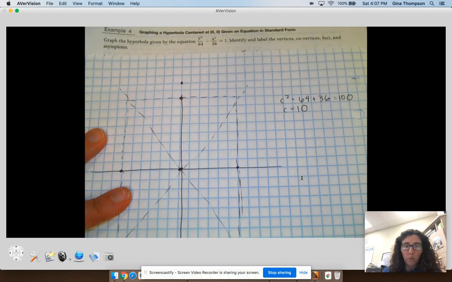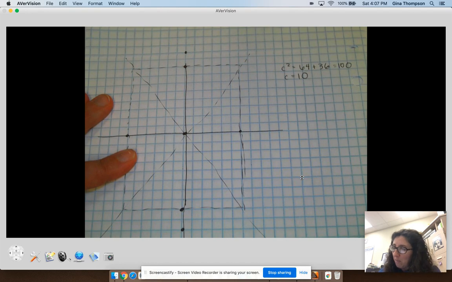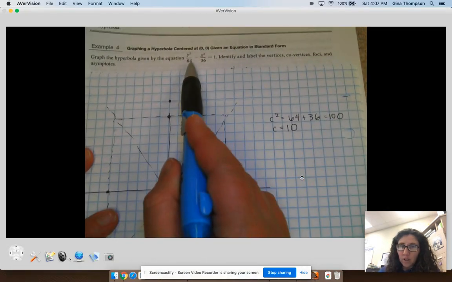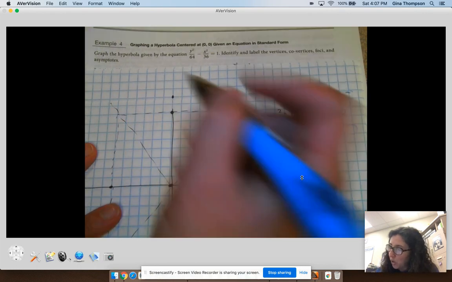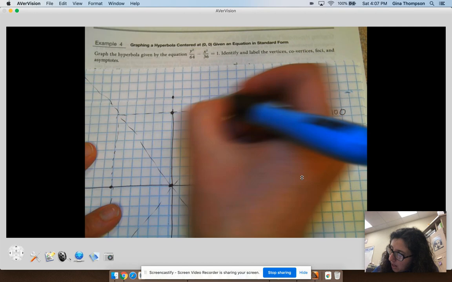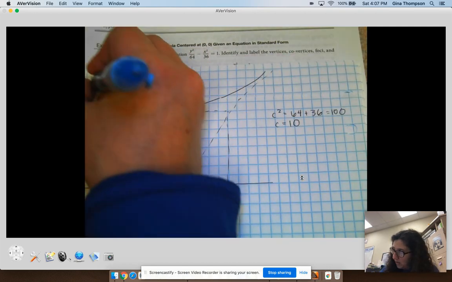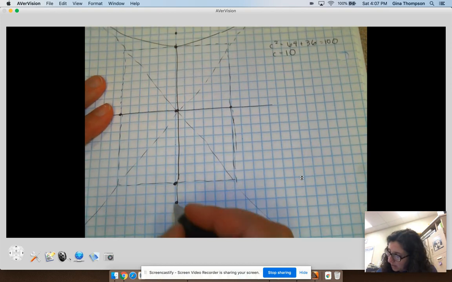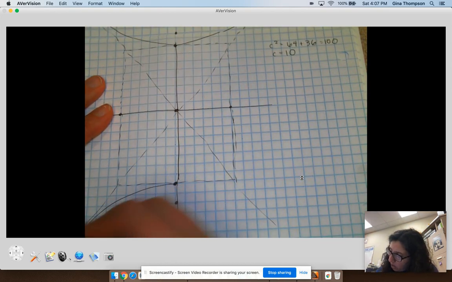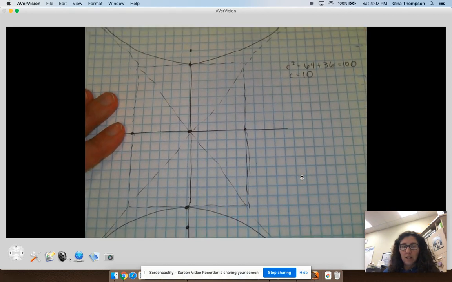There's my 2 focus points. And now I remember, I know that the transverse axis is y. It's going to open up and down. So I go from this vertex and I connect it all the way almost to these asymptotes. And now I go to this vertex and I go all the way almost to those lines that are my asymptotes. And there we go.